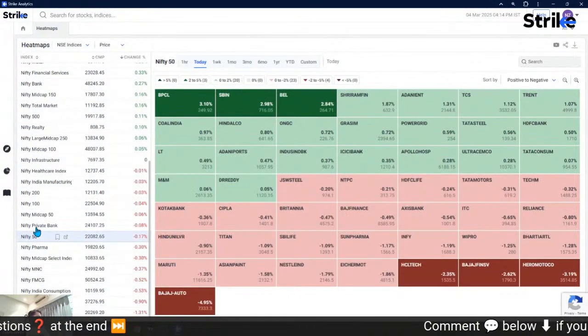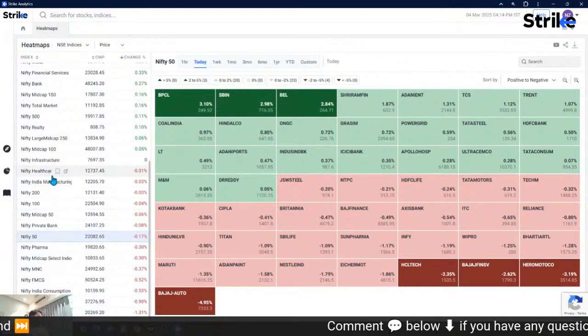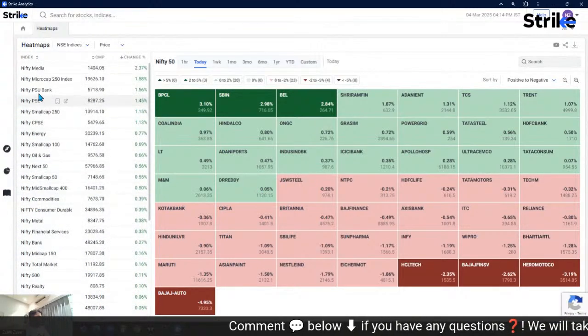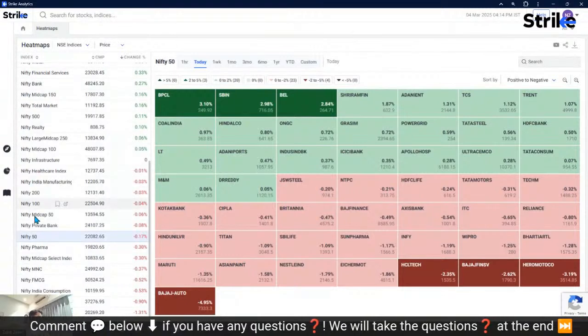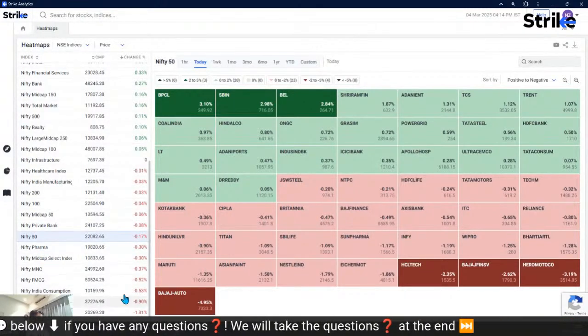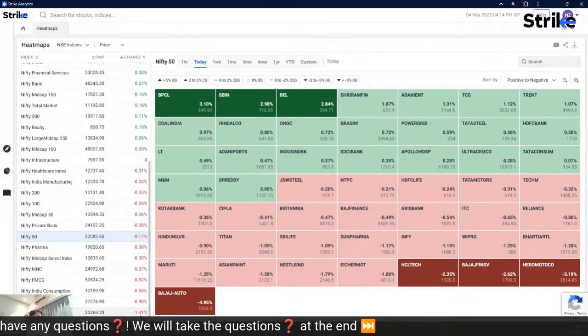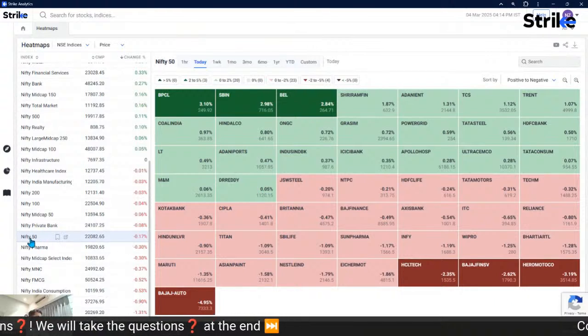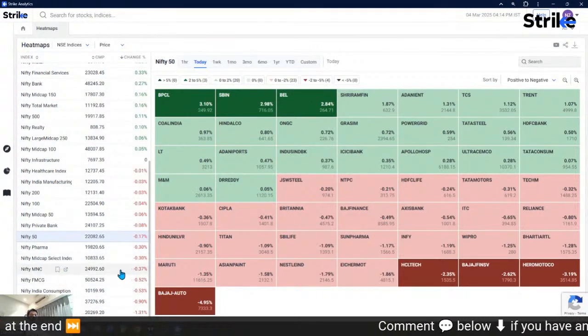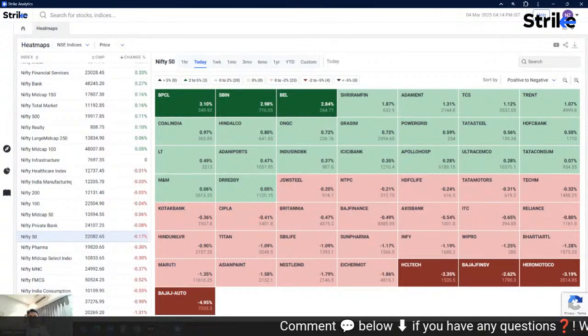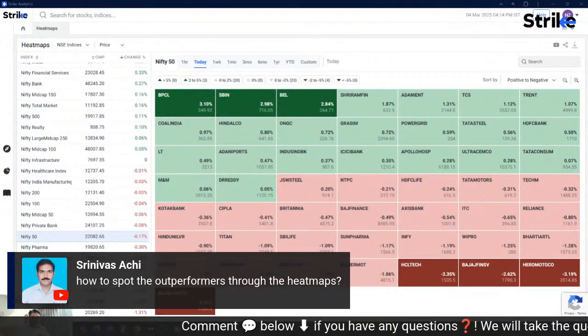All the sectors above Nifty 50 are outperformers, and all the sectors below Nifty 50 have gone down more than Nifty has gone down today. They are all underperformers for today. I hope Srinivas ji, you understood.